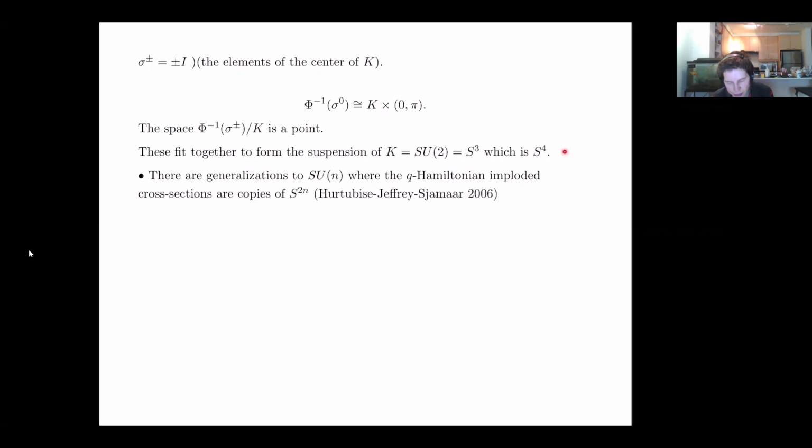That's rather similar to the construction that we gave for C2, the imploded cross-section of SU2. So this is the quasi-Hamiltonian imploded cross-section. And there are generalizations of this to SU(n), where the quasi-Hamiltonian imploded cross-sections are copies of S^2n. This is in joint work with Jacques Bertubis and Jeffrey.